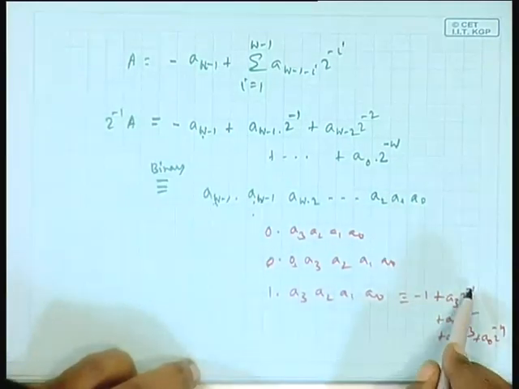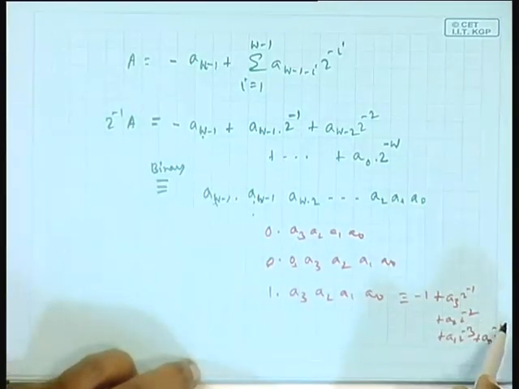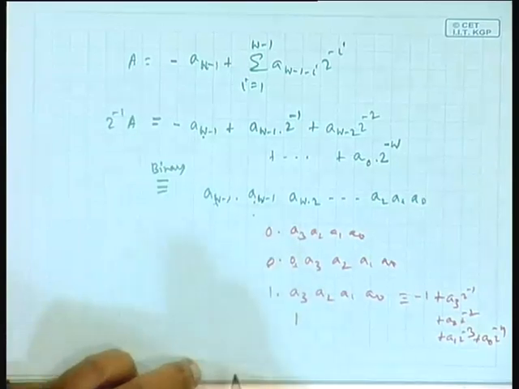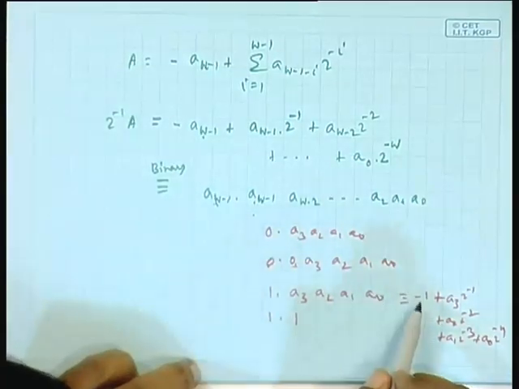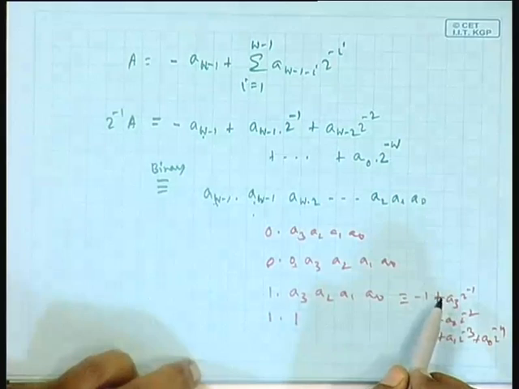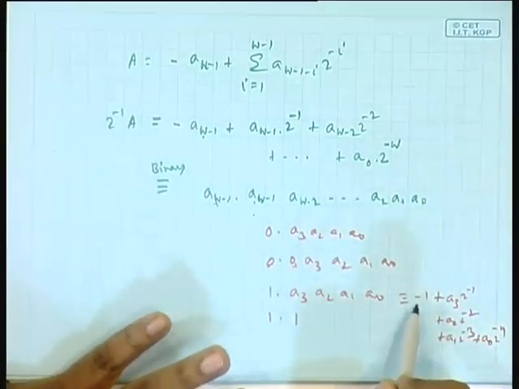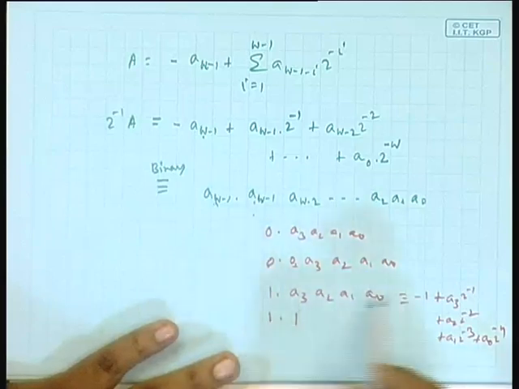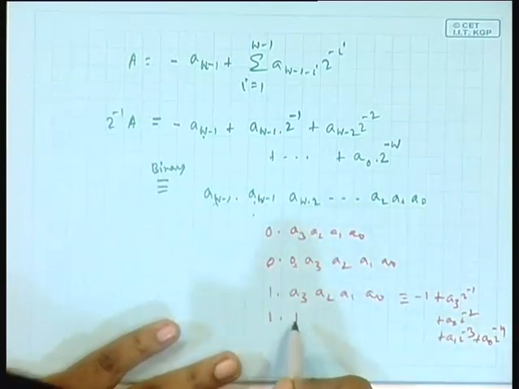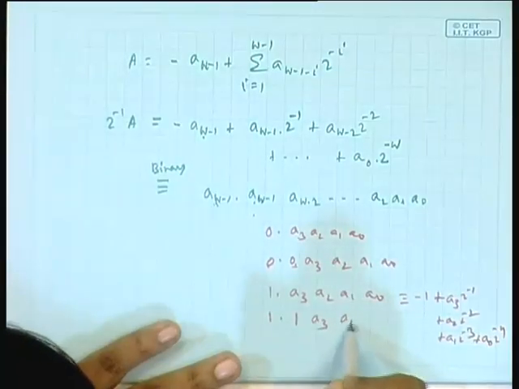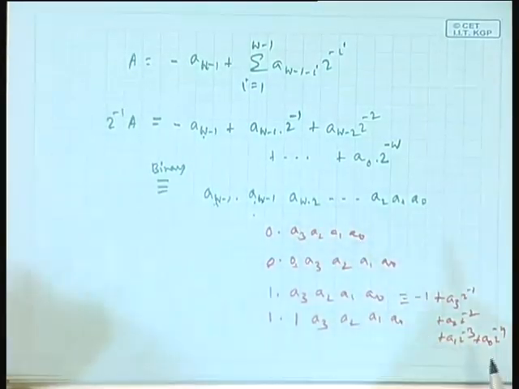And then this is 2 to the power minus 2, all that. So 1 comes, 1 because of the sign: minus 1 plus half. I am not writing it out, I hope you understand. Minus 1 is the sign bit, so the sign remains 1, plus half, that is why 1 here. Then A3 gets 2 to the power minus 2, so A3 comes to this location. Okay. All right.